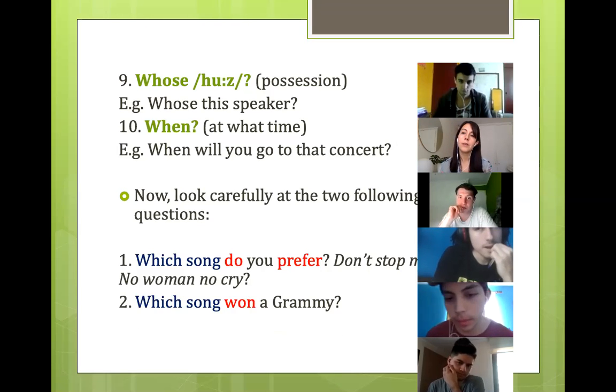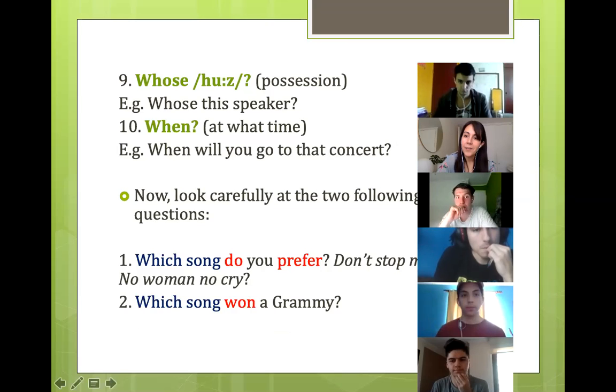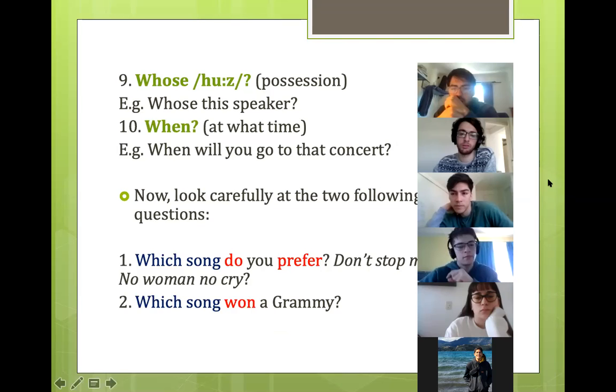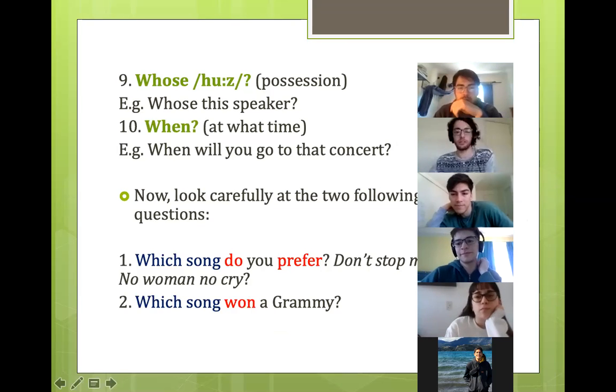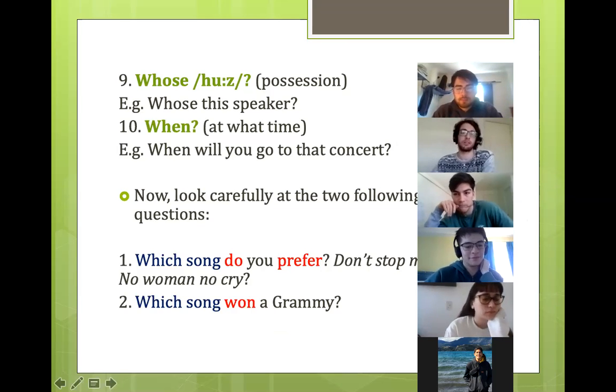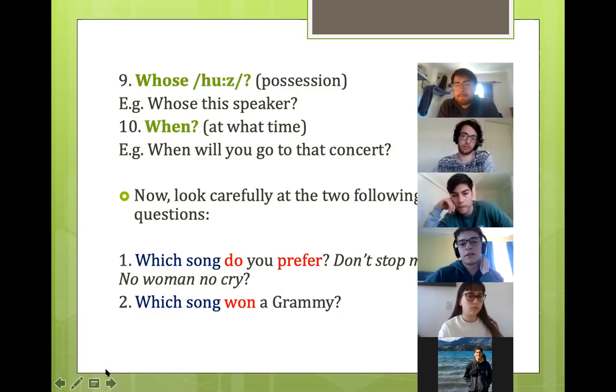What's the difference? I'm sorry? The tense? Well, yes, Martin, you're right. The tense, but there is another difference, which is more important. Yeah, this question is in past and this question is in present. Good. But there is another difference.